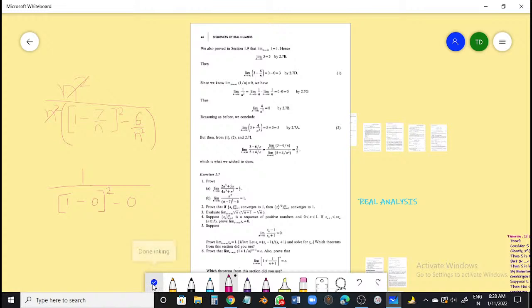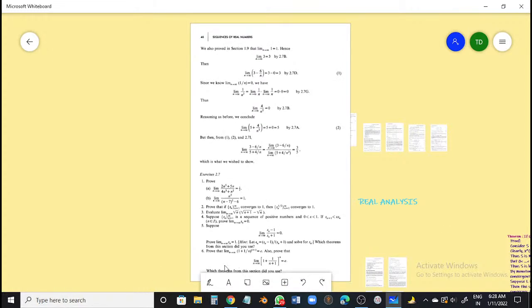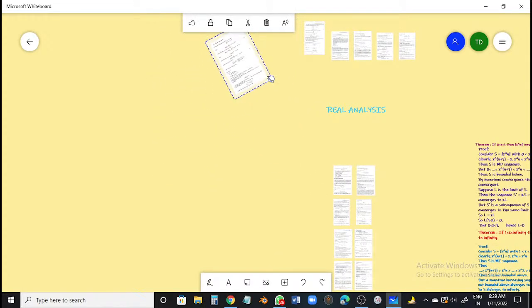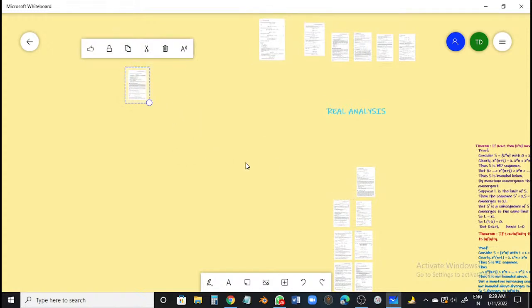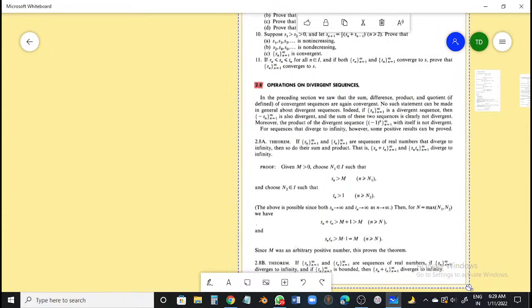Alright. So now I would like to proceed, as I said, to divergent sequences. We are talking about the operations on divergent sequences.